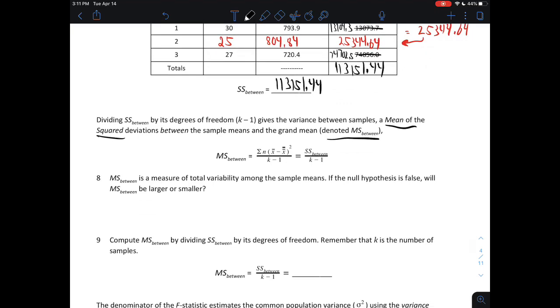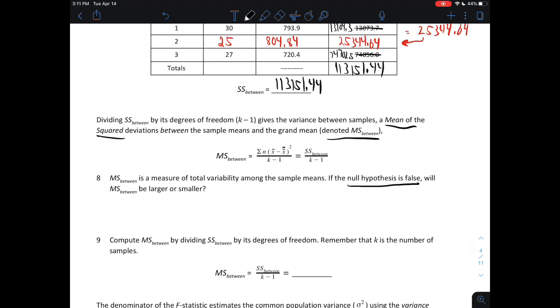Number 8, MS between is a measure of total variability among the sample means. If the null hypothesis is false, will MS between be larger or smaller? So here we want to think, if the null hypothesis is false, will the total variability among the sample means be larger or smaller?